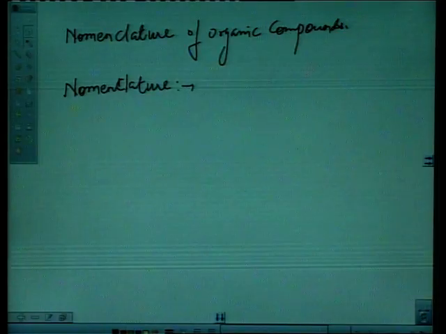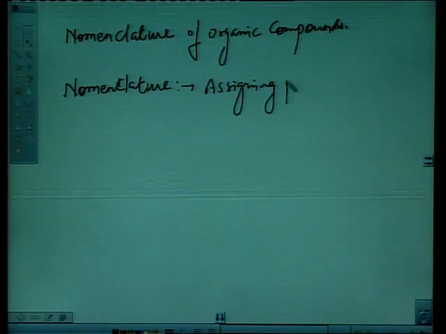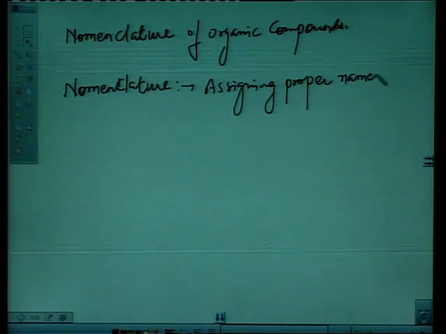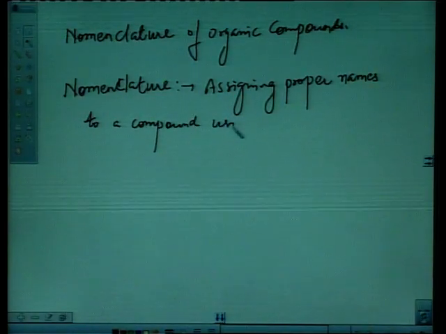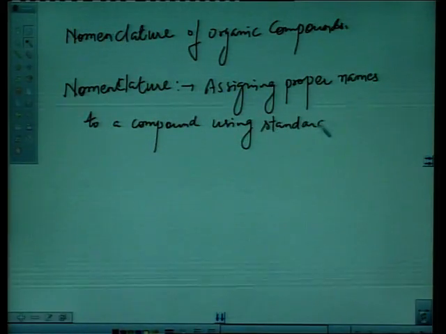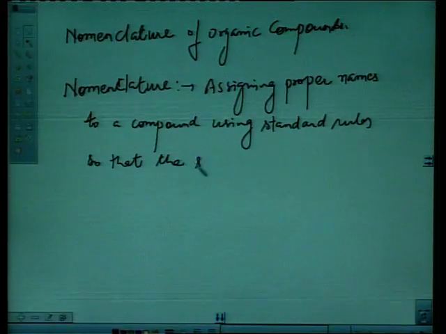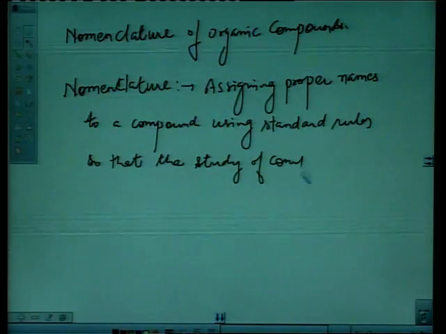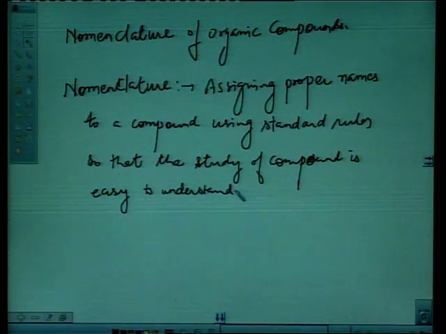Nomenclature implies assigning a proper name to a certain compound using standard rules, so that the study of the compound is easy to understand. So, giving a proper name to a compound makes the study of organic compounds easy.